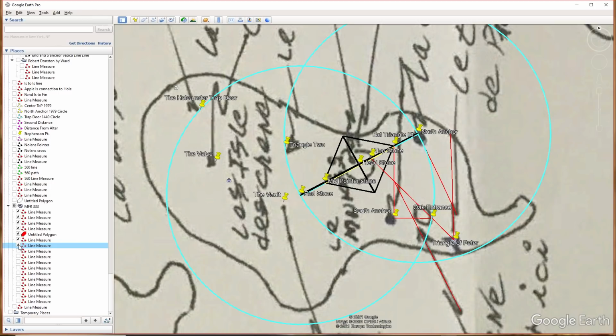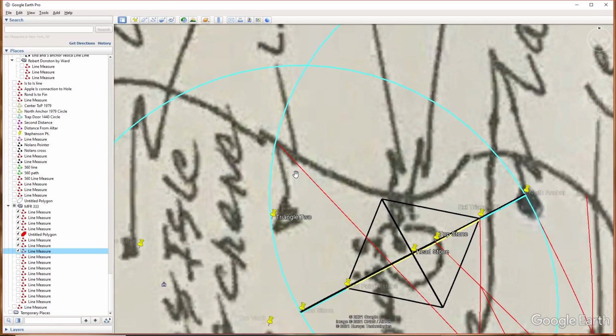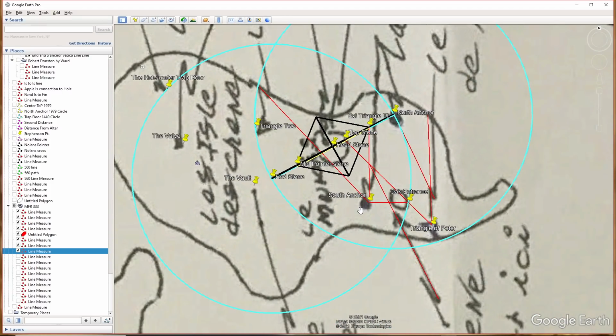And we have this line that comes straight down to the Triangle of Peter. Here's one. Oliver and I had looked at this, and why this was angling here. Well, if you just doodle and take a line and draw it, you find that it pretty much lines up with the south anchor.